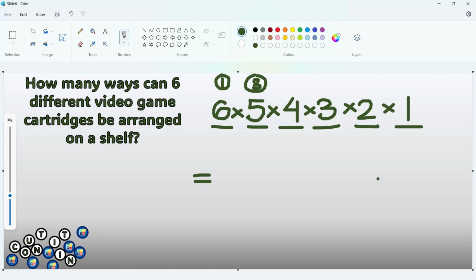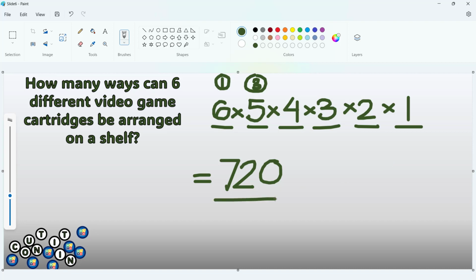The result of this would be the number of ways for us to arrange the 6 cartridges on the given shelf, wherein all of the cartridges are included. That would mean again 6 times 5 times 4 times 3 times 2 times 1. There are 720 possible ways for us to arrange the 6 different video cartridges on the given shelf.